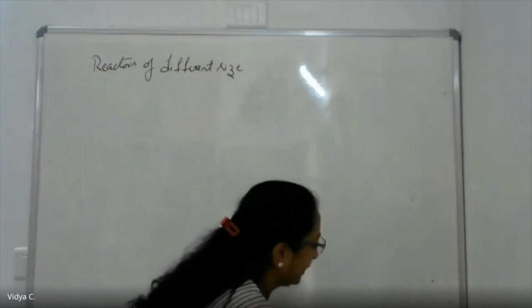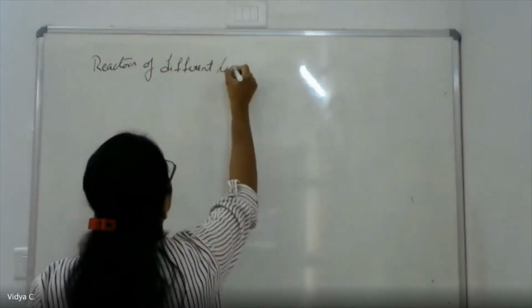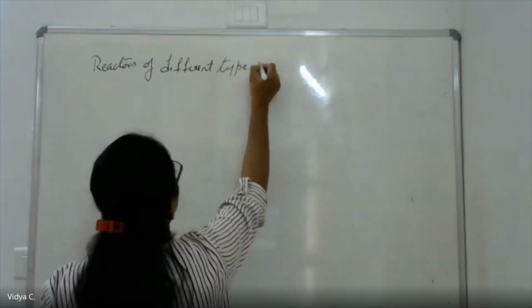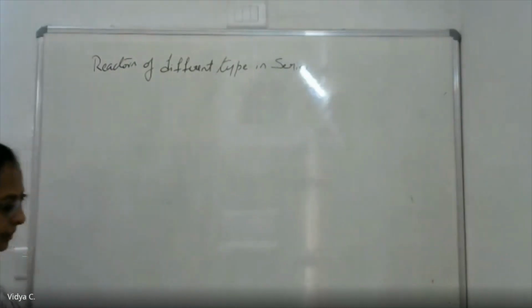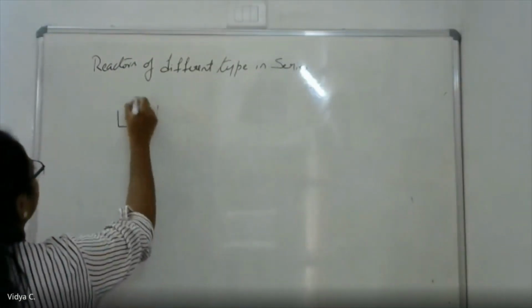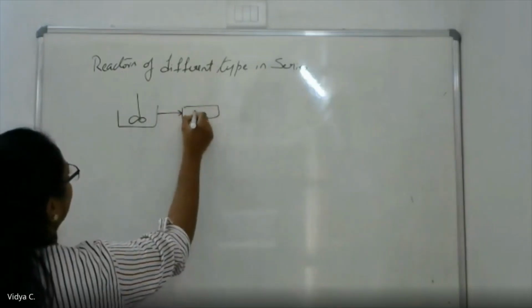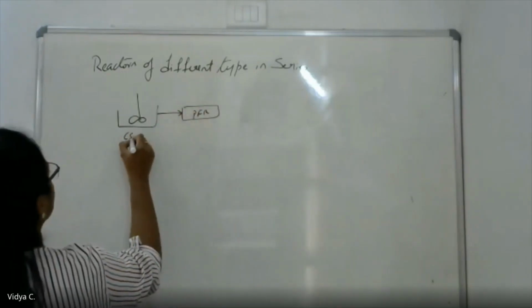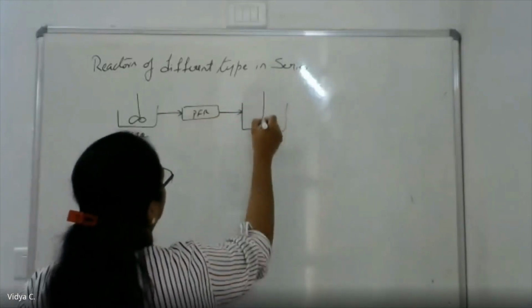It is different type now. Type in series. So now if I have a CSTR first and then it is connected to a PFR, and then this is again connected to a CSTR.